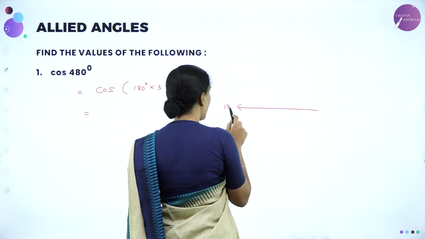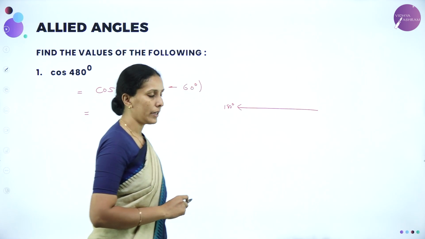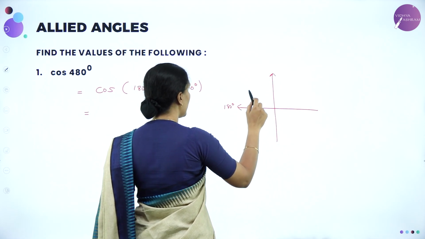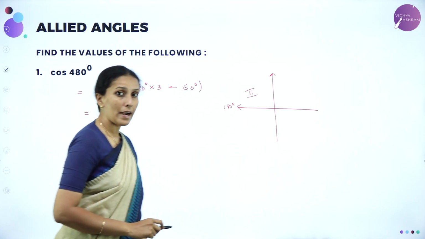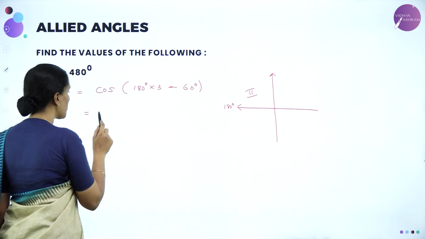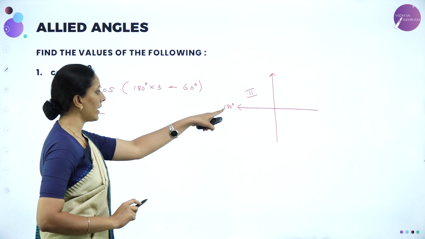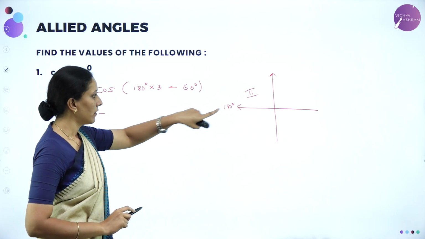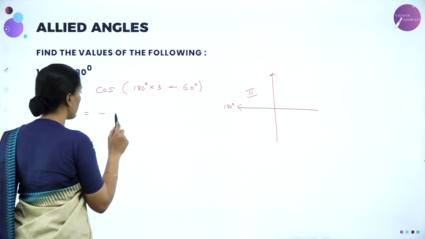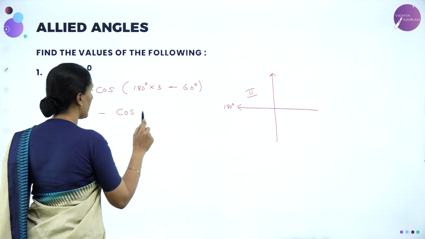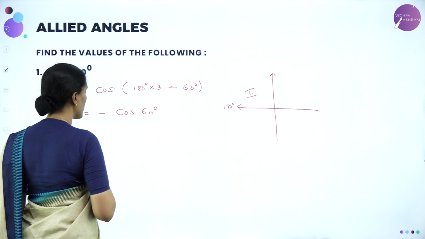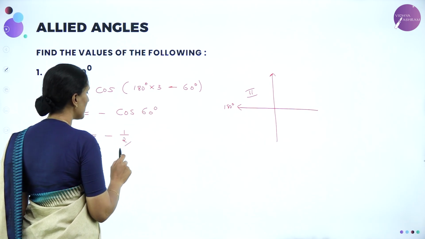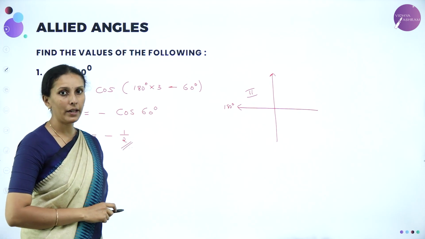When I say 180 minus theta, it comes in the second quadrant, and in the second quadrant the cos function is negative. But since we are taking the relation with respect to 180, the function will not change, it will remain the same. So this can be written as minus cos 60. What is the value of cos 60? It is 1 by 2. Hence the value is minus 1 by 2.